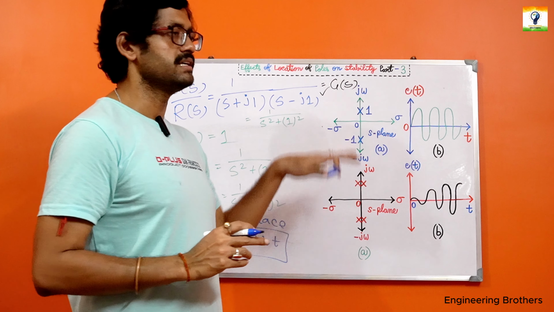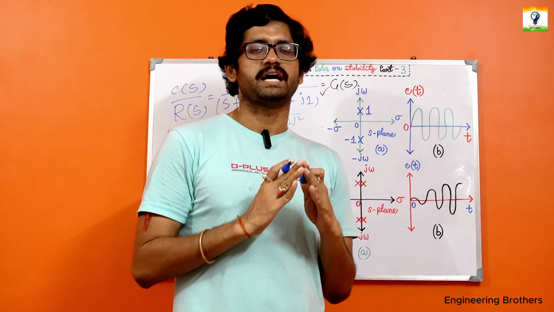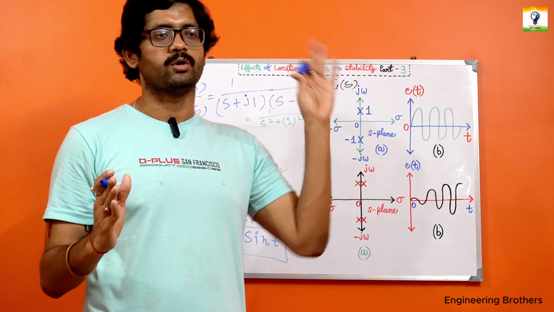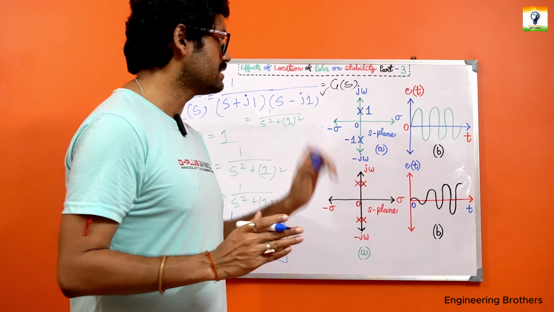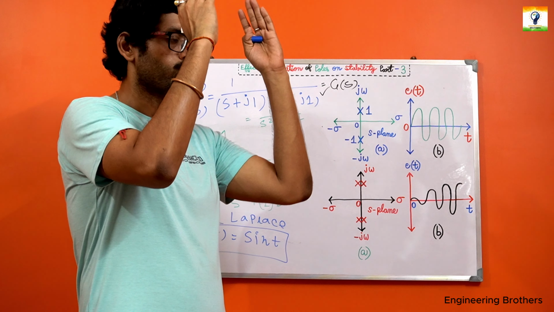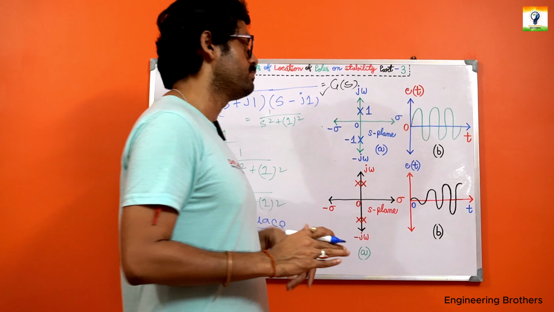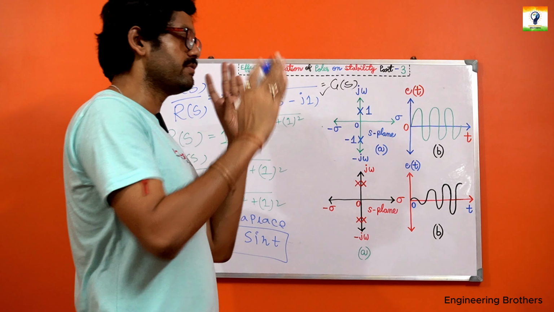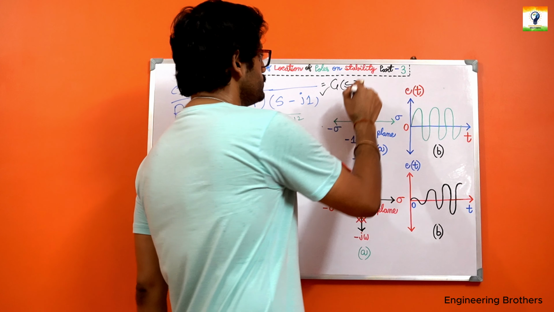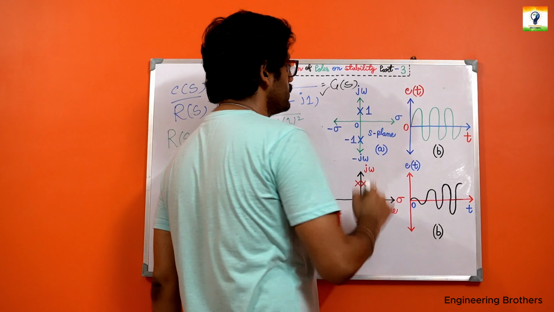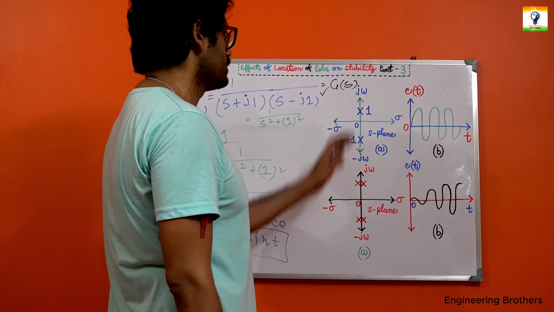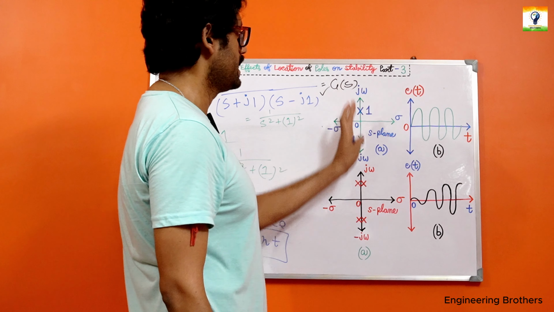But in this case, the poles are not placed at the right hand side, and not at the left hand side either. These two poles are placed in between the stable and unstable regions, on the imaginary axis.